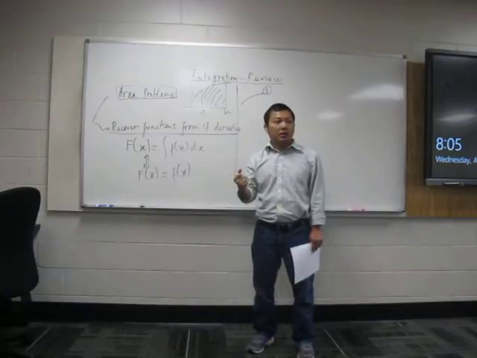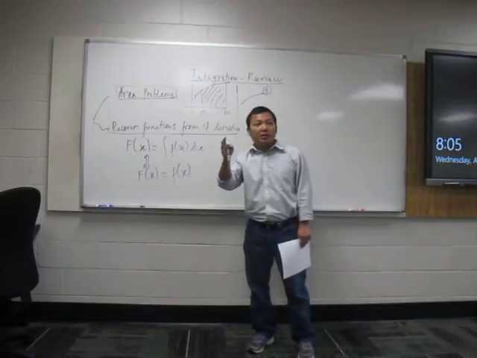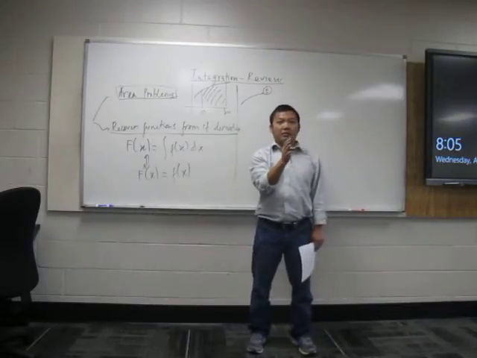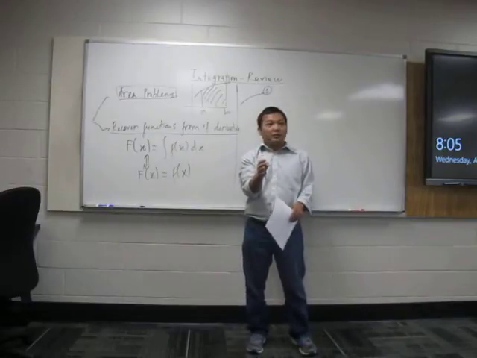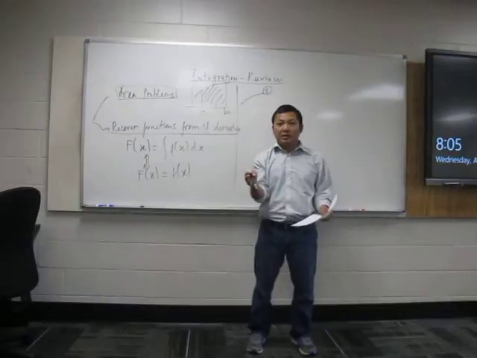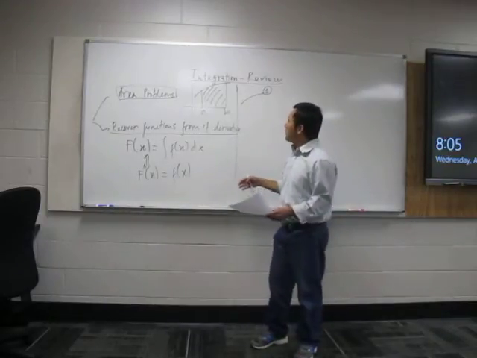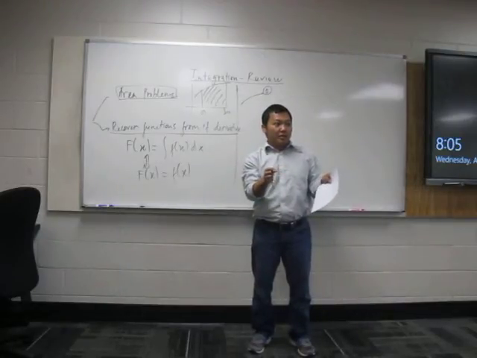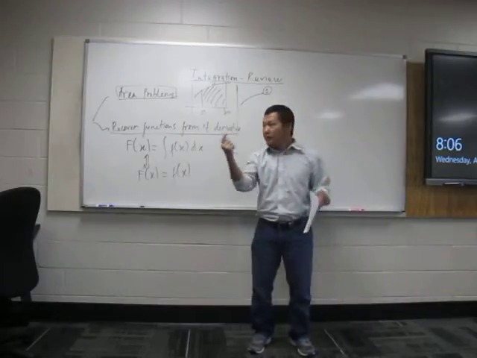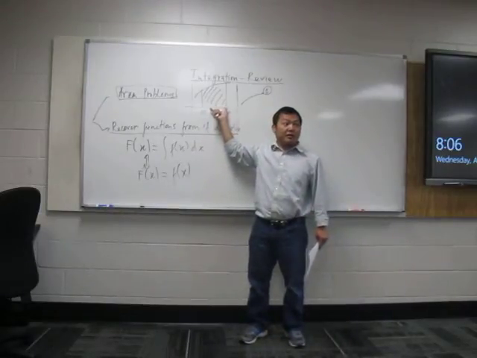Just split the area into sub-areas. Yes, we have to split the area into n sub areas. Of course, we can do differently, but in this course, we suppose that all sub areas have the same width. It means we split the interval a and b into n sub intervals of the same width.